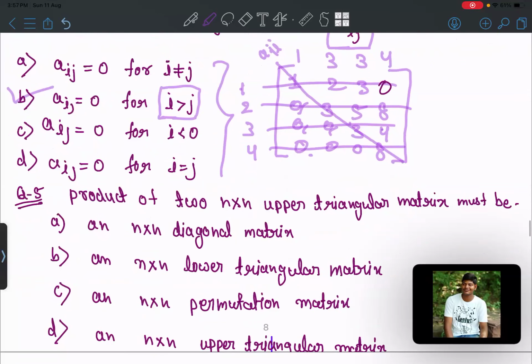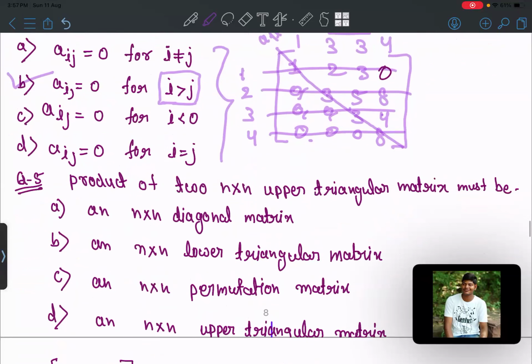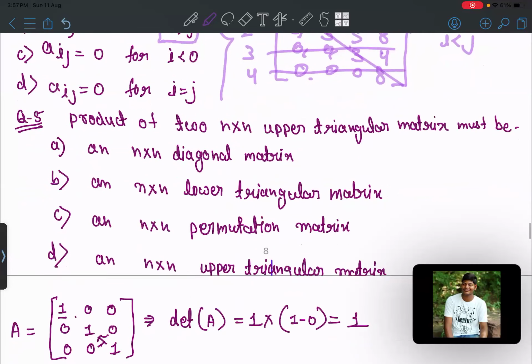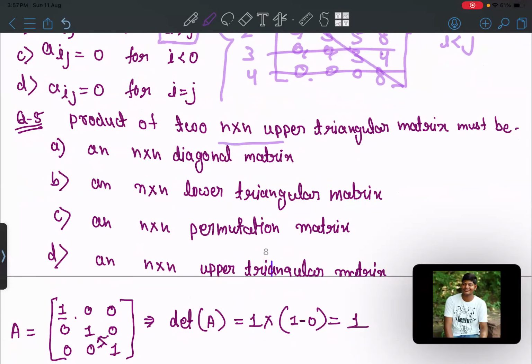Similarly, for a lower triangular matrix, a i j will be equal to 0 if i is less than j. Now suppose we have two n cross n upper triangular matrices. Their multiplication will also be an upper triangular matrix.